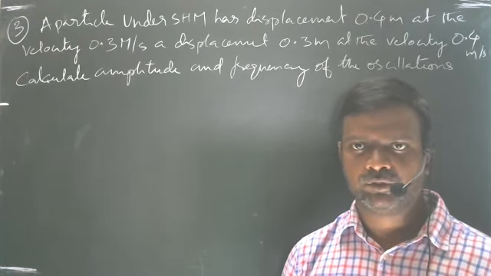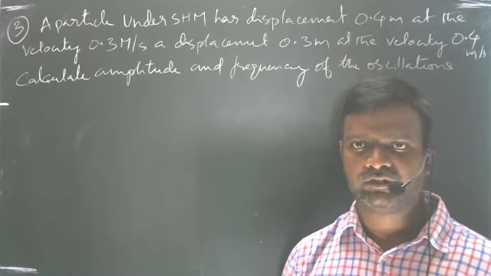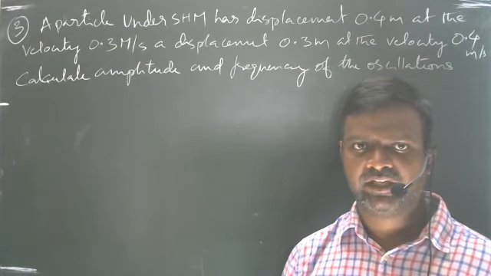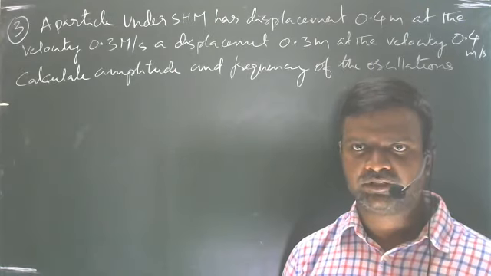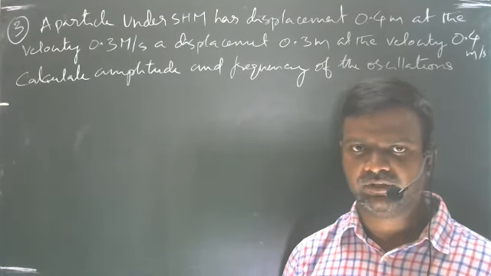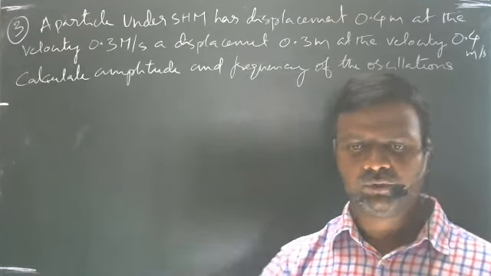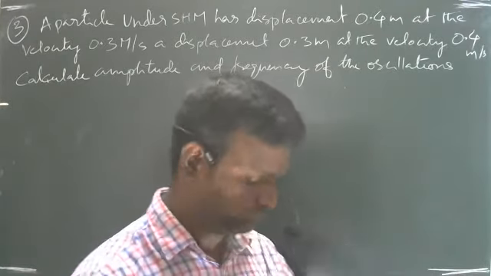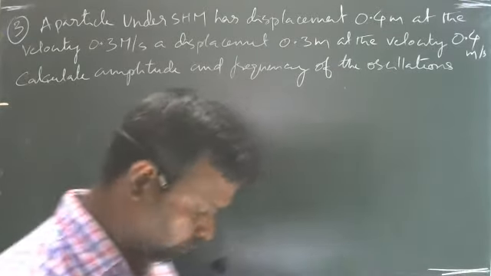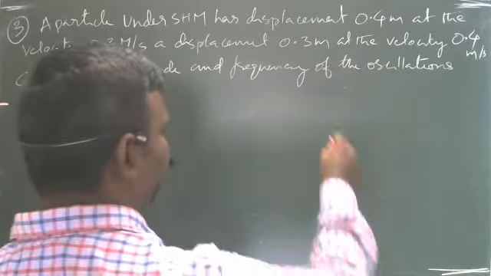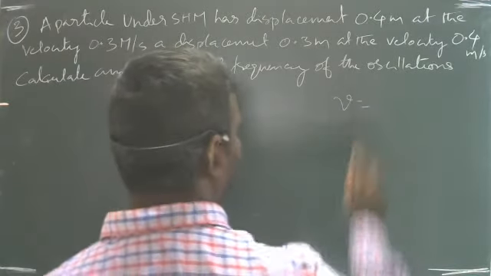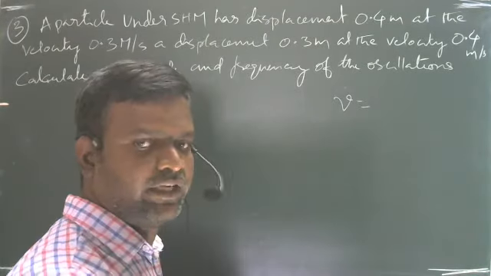So two different cases are given: displacement 0.4 with velocity 0.3, and displacement 0.3 with velocity 0.4. Now we'll do this problem. What is the velocity equation for SHM?